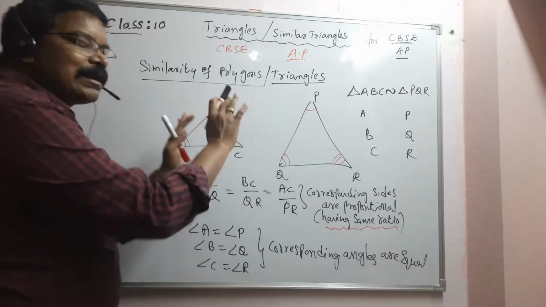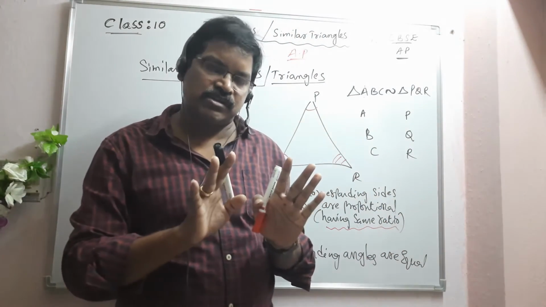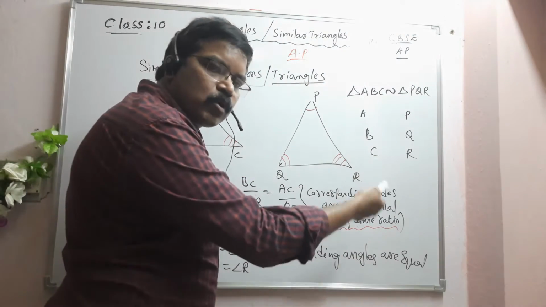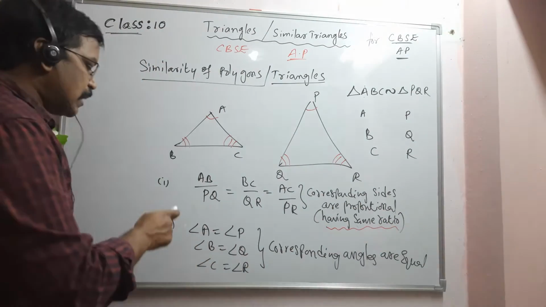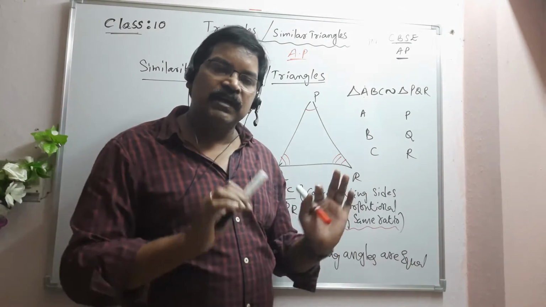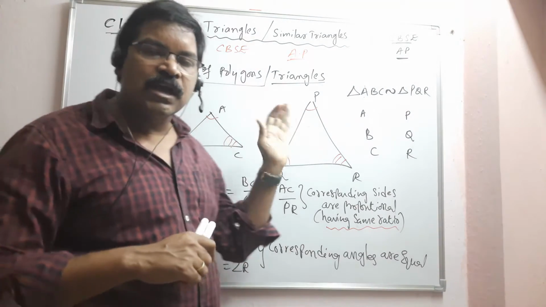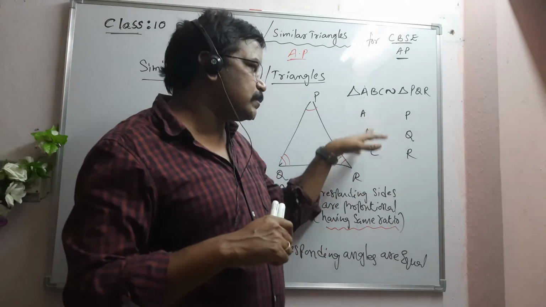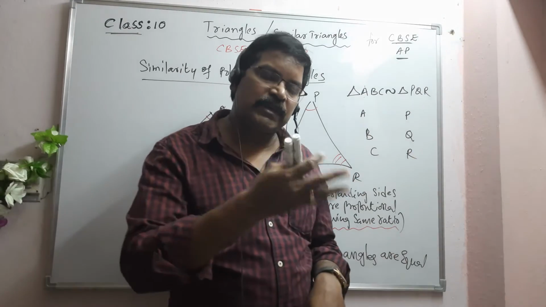So for similarity of polygons or triangles, the main definition is corresponding sides are proportional. Proportional means having the same ratio. And number 2 is corresponding angles are equal. Then we can say that the two triangles or the two polygons are said to be similar. Here these vertices ABC correspond to PQR respectively.